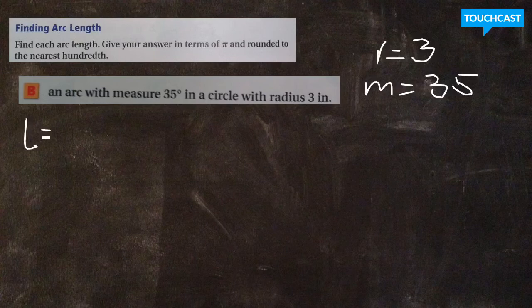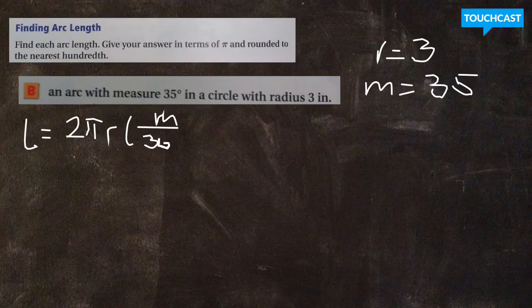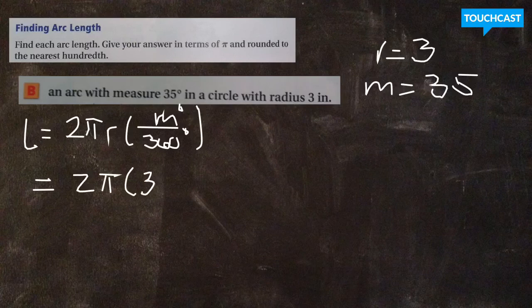L is equal to 2 times pi times R times M over 360. Let's plug in R and 35. So we have 2 times pi times 3 times 35 over 360.